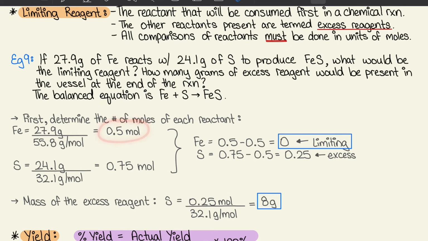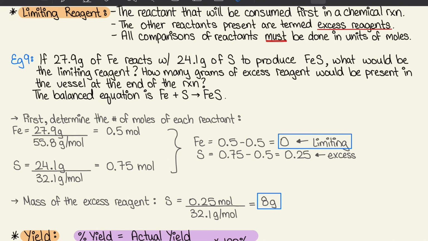We do the same thing for sulfur and get 0.75 mole, and we subtract each value by the smallest value present, which would be 0.5. So for Fe, 0.5 minus 0.5 is 0, and for S, 0.75 minus 0.5 is 0.25. Because Fe is 0, we know that it runs out first, and that would be our limiting reagent.